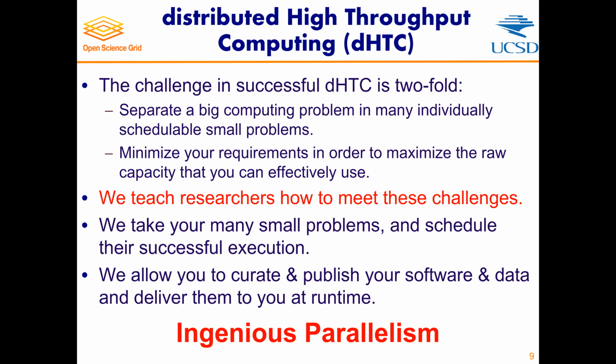If somebody wants something and somebody else is willing to give something, we're there to provide the plumbing to bring the two together and execute their collaboration, so to speak. And if you want to maximize the raw capacity that you can effectively use, then you want to be reasonable in your requirements and target the largest possible envelope of people who are willing to give stuff away, basically. That's what is behind this point.